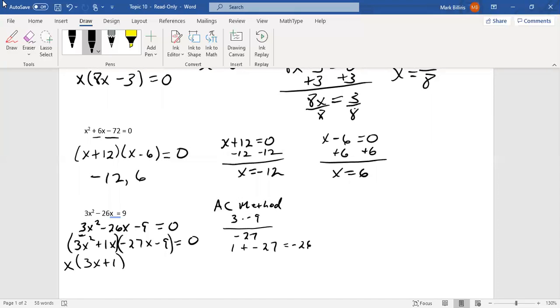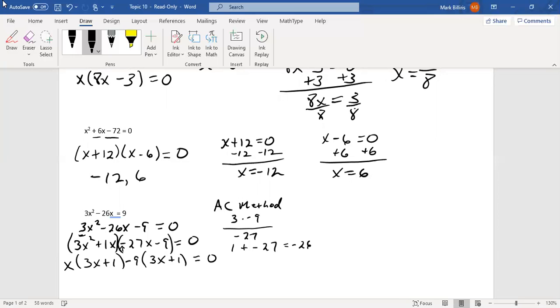For the second group, the greatest common factor is 9. And when we have a minus in front of our third term, we're going to factor out that negative. So it's going to be a negative 9. We divide negative 27x by negative 9, and that gives us positive 3x. And negative 9 divided by negative 9 is positive 1.